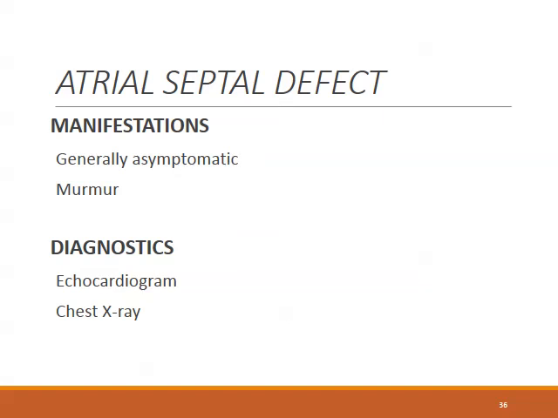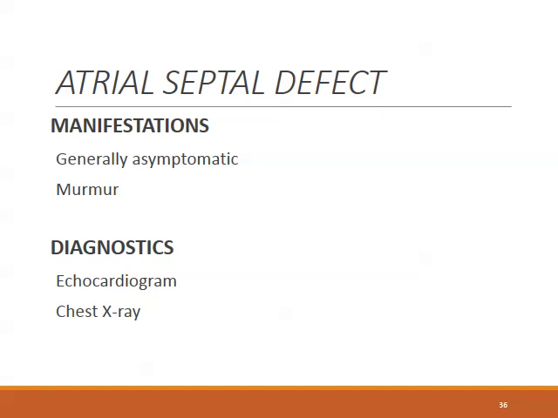Now, atrial septal defect. Manifestations are mostly going to be asymptomatic. You will oftentimes hear a murmur. Diagnostics with this, they're going to do an echocardiogram and a chest x-ray.